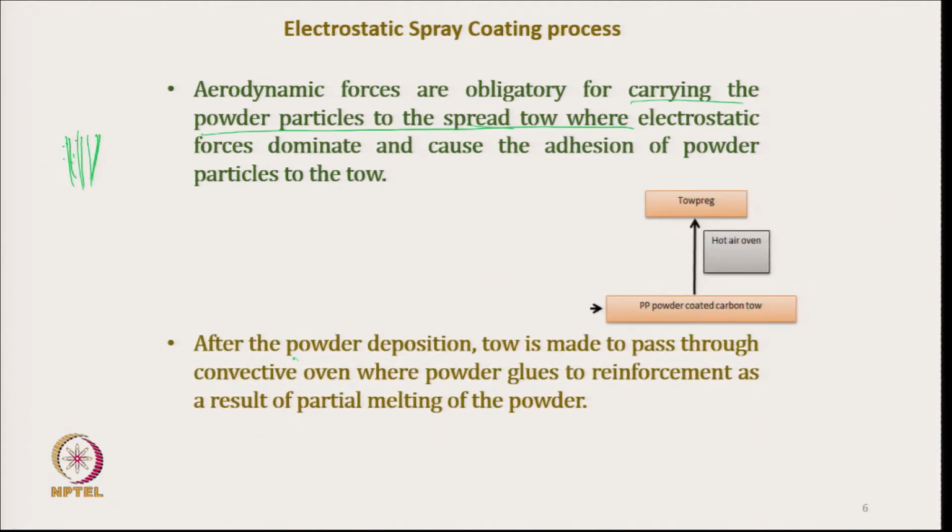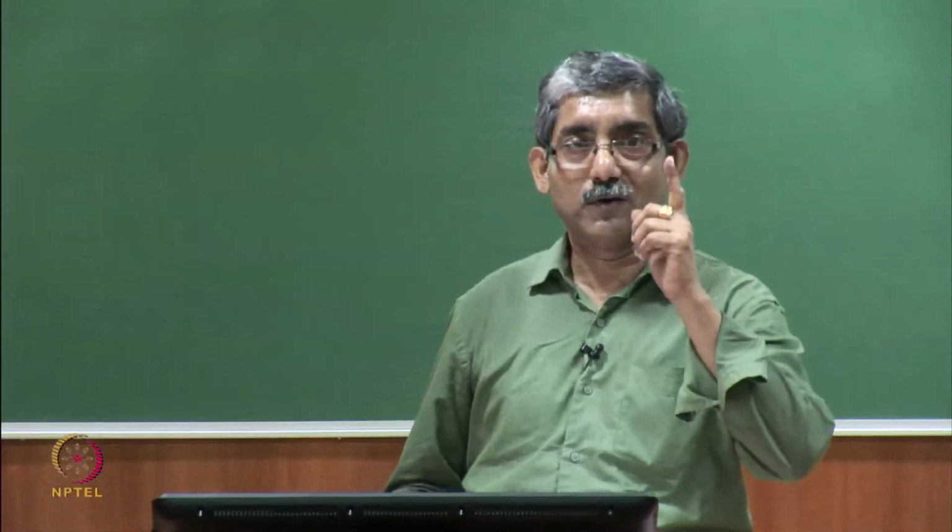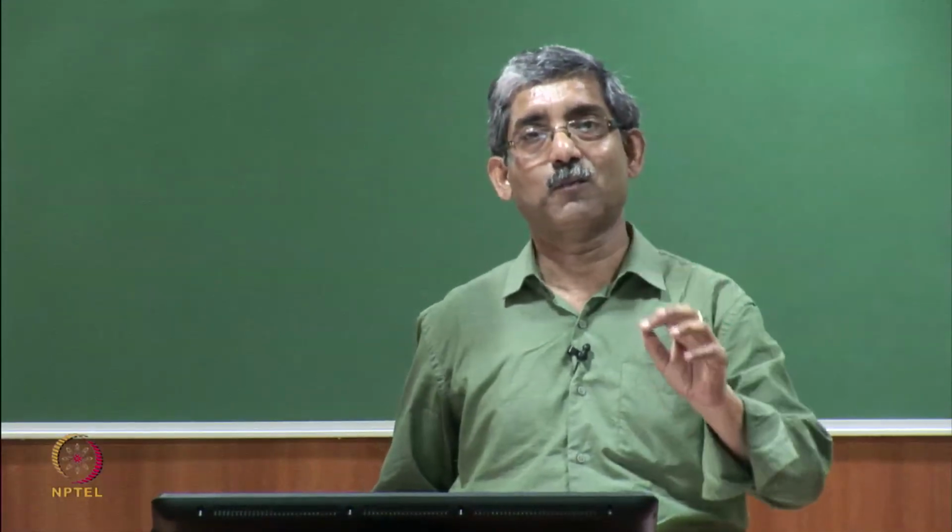So, after powder deposition, the tow is made to pass through the convective oven. So, this is a convective oven where the powder glues to the reinforcing carbon tow. So, in this hot air oven, partial melting is important, otherwise the carbon tow cannot hold the polypropylene powder.